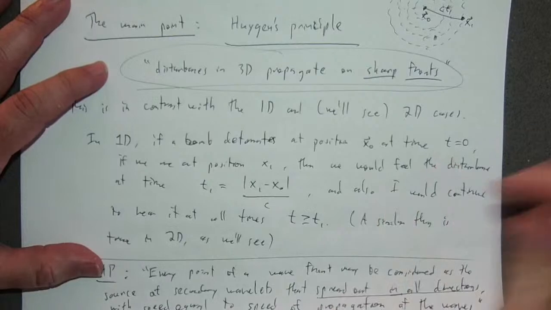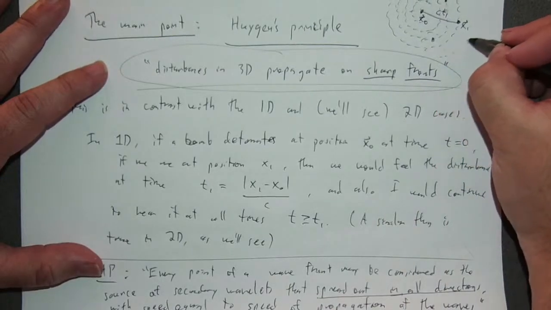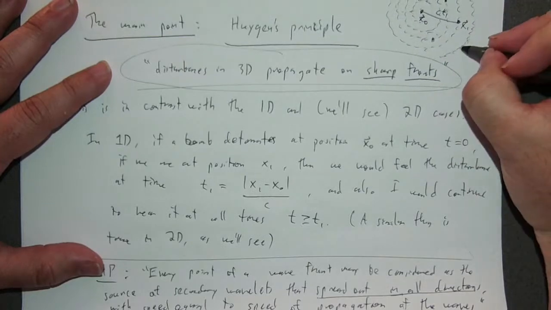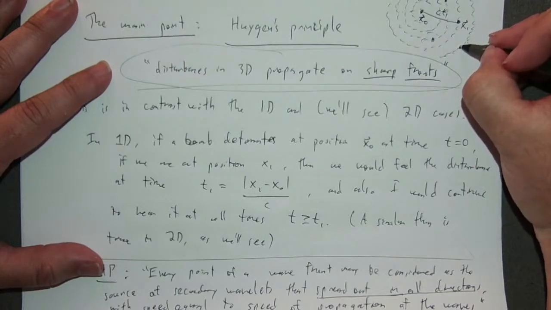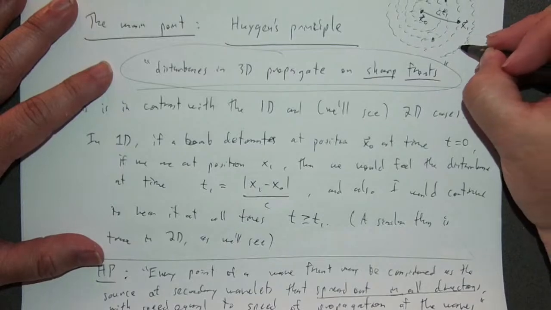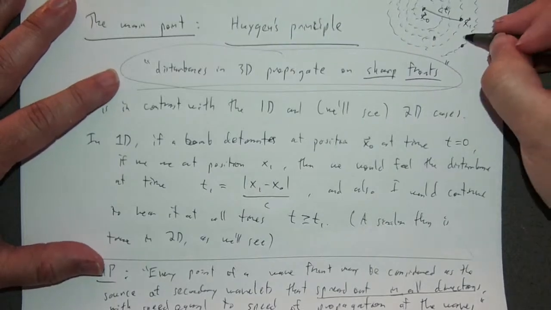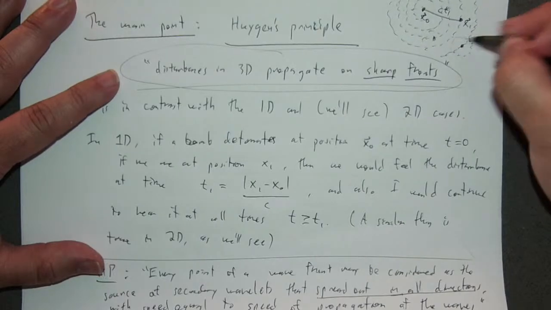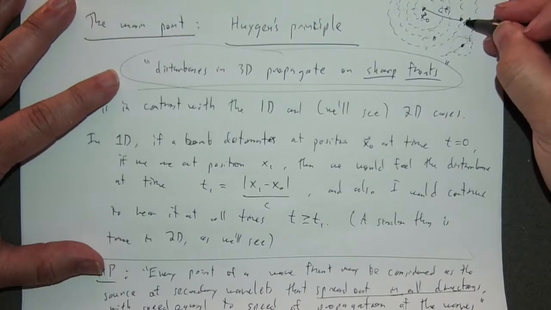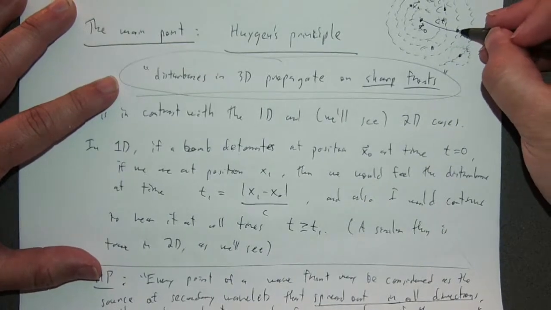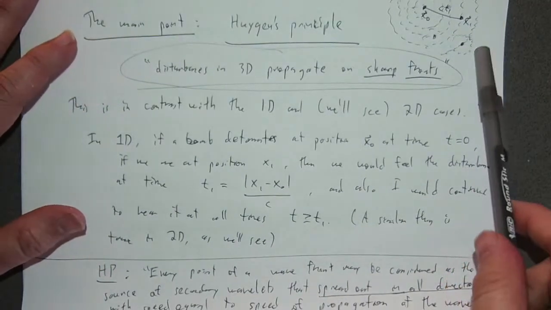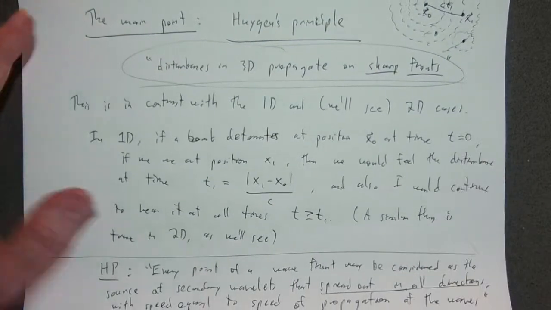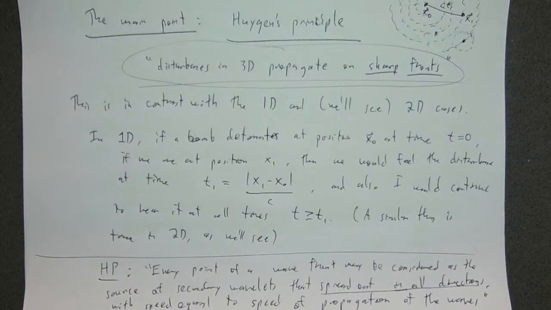Once this wavefront passes us, if Huygens principle tells me that at this point I can consider it as a source for a disturbance heading out in all directions, so it's coming back toward me here, wouldn't some of these wavelets come back toward me and I hear them again?